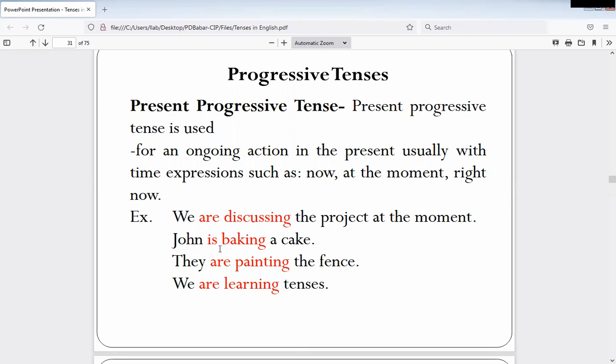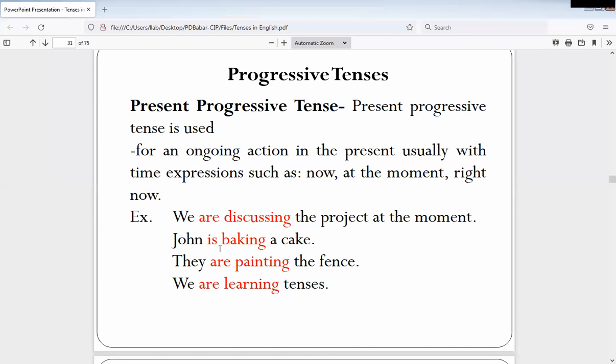Am, is, are, these are the indicators of the present continuous form. The action of painting the fence is going on. This is not a stopped action, and that's why it comes under the present progressive tense.